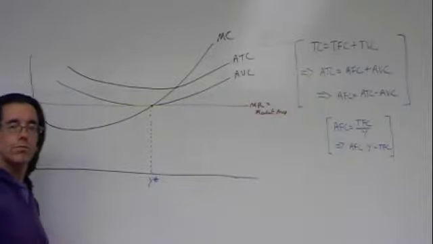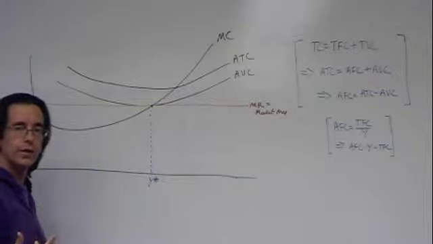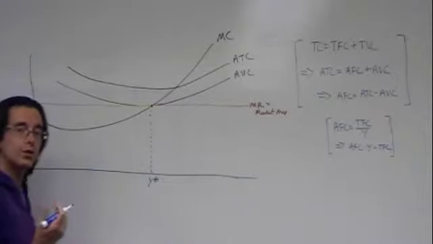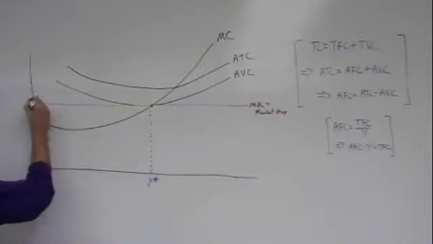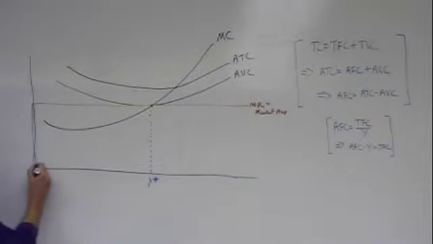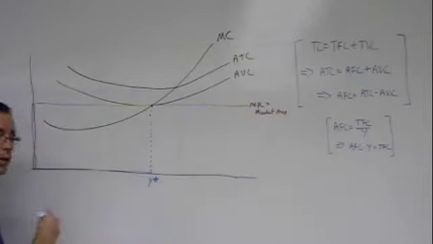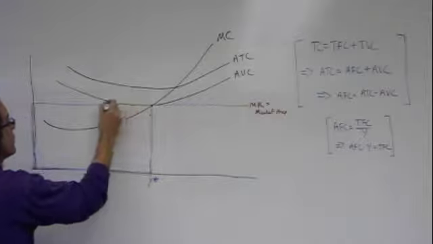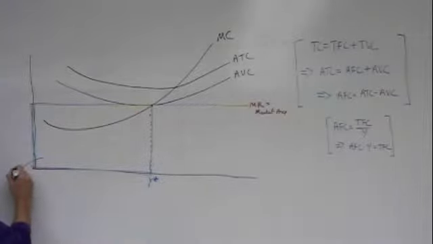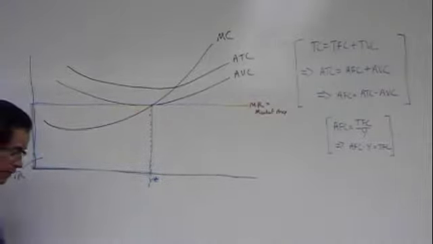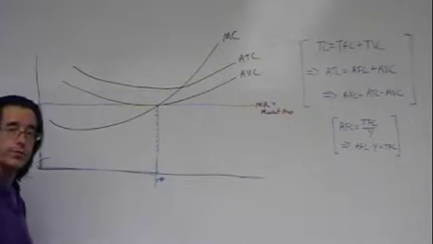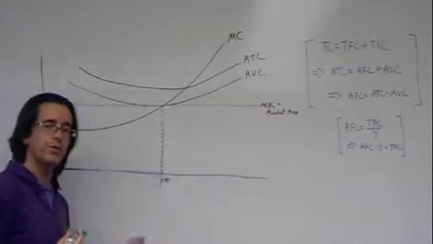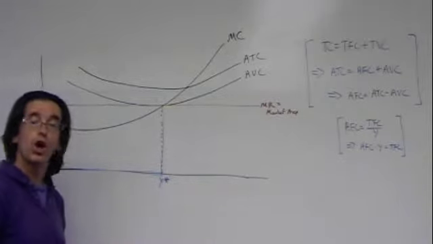Steps 3 and 4 are figuring out the profit. Step 3, what's the total revenue? Well, we have the price, the height, and we have the output, the width. So height times width, the area of the box, represents our total revenue. Step 4, in order to figure out the profit, we already have the total revenue, now we have to figure out the total cost.